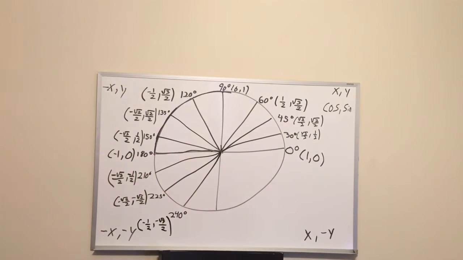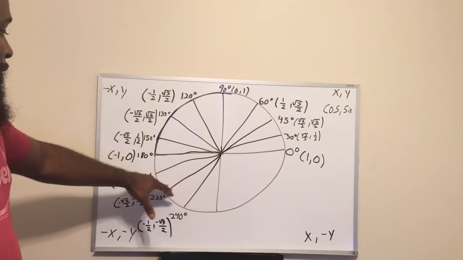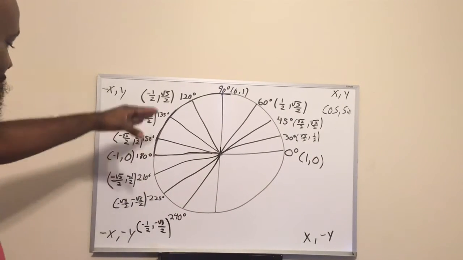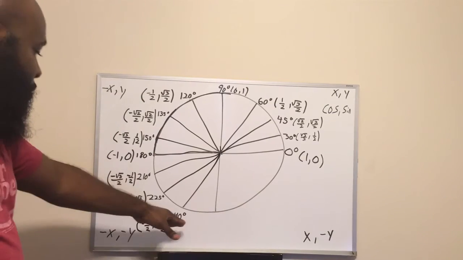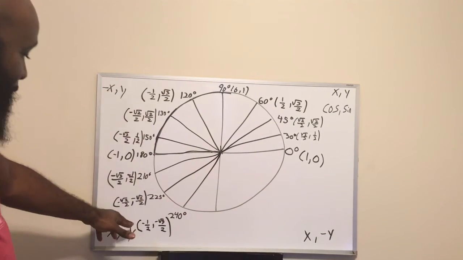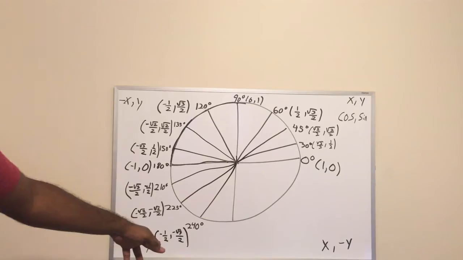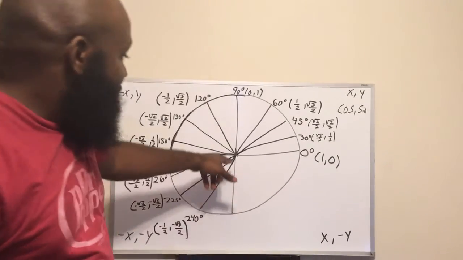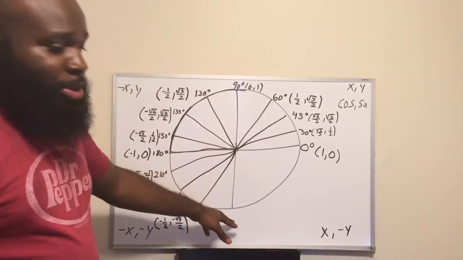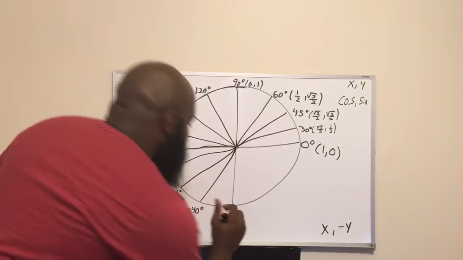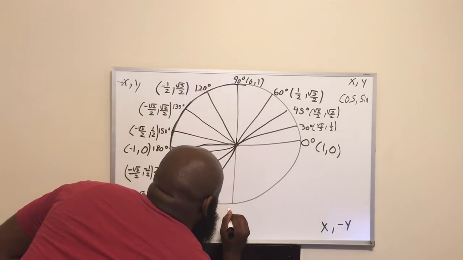So this is the third quadrant: 210 degrees, 225 degrees, 240 degrees, and their cosine and sine points.